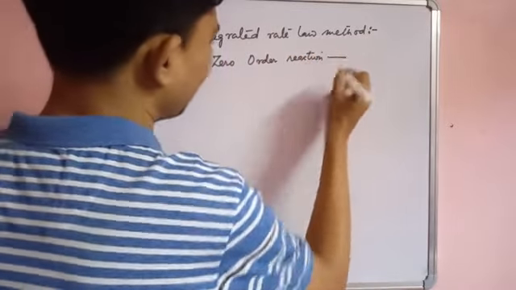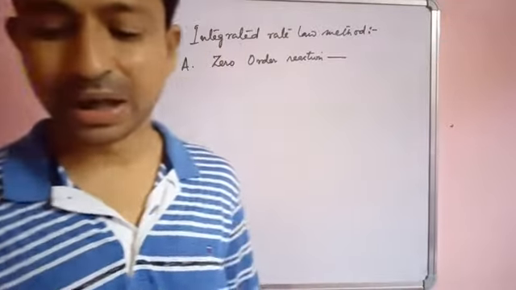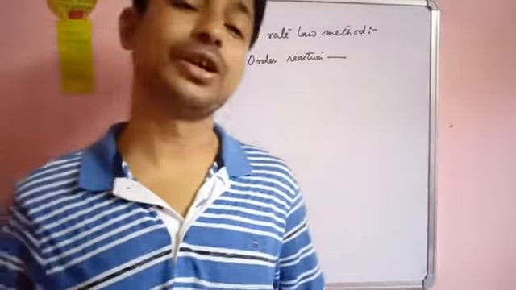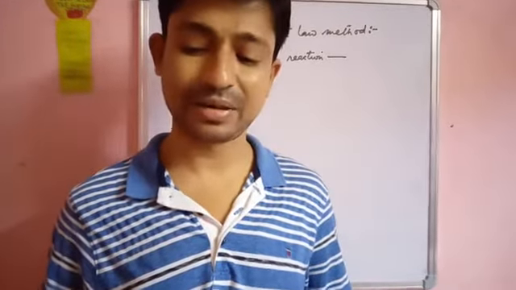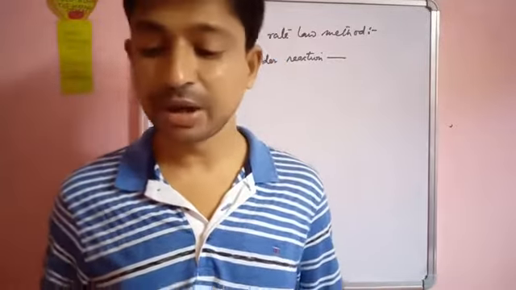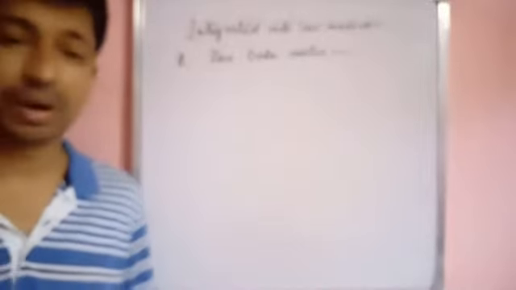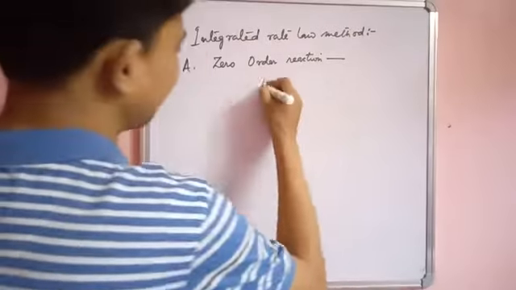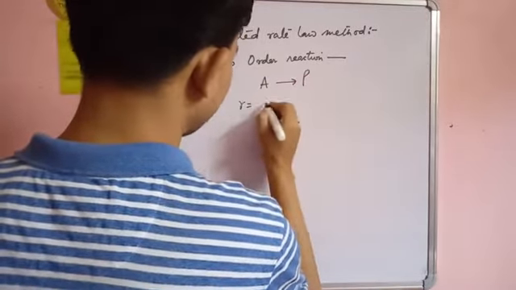Now what is zero order reaction? The zero order reactions are the reactions in which the rate of reaction is independent of the concentration of reactant. This type of reaction is called zero order reaction, because if we have an equation A to P, what will be our rate equation?